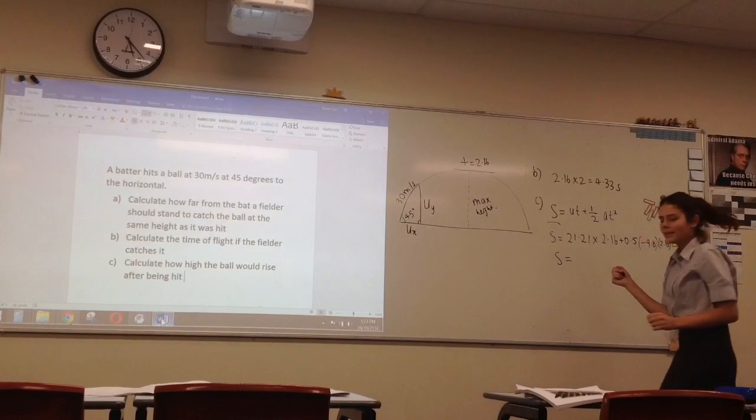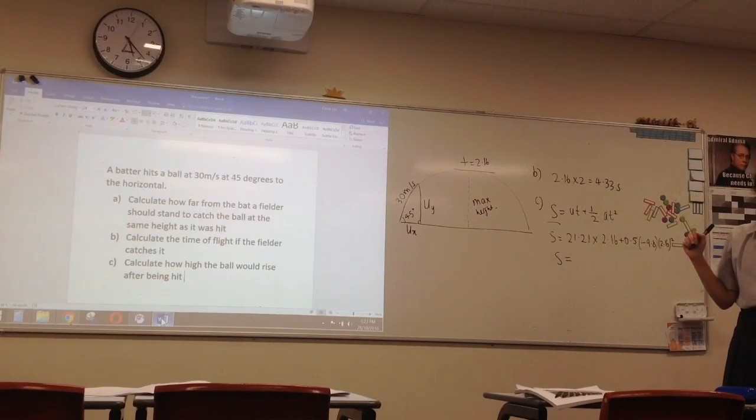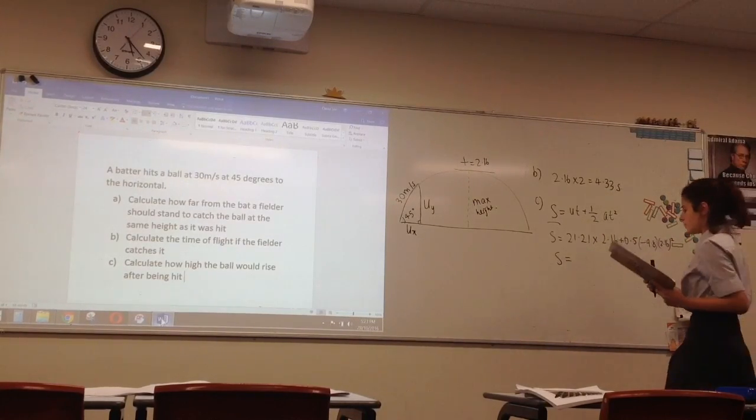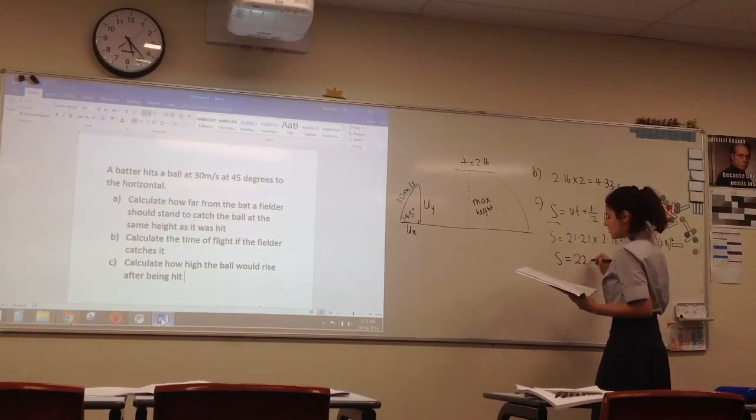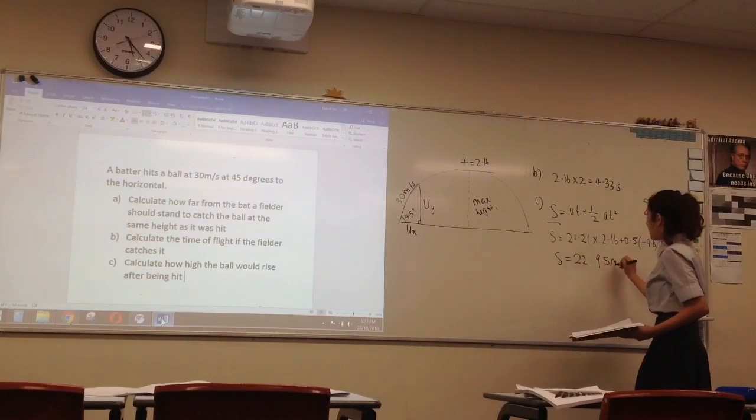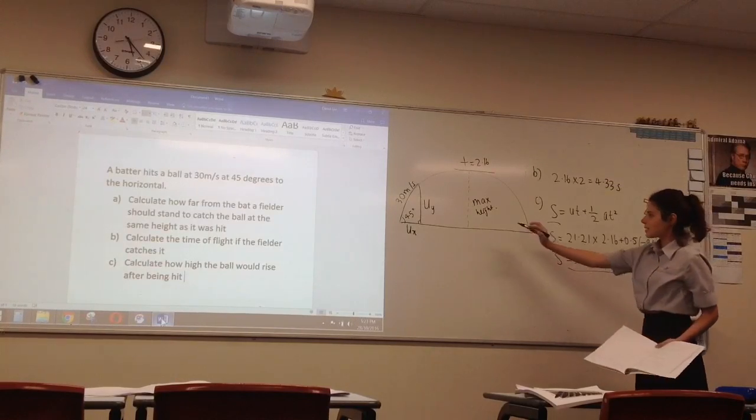And then when you calculate that, it should give you 22.95 meters. And that is your maximum height.